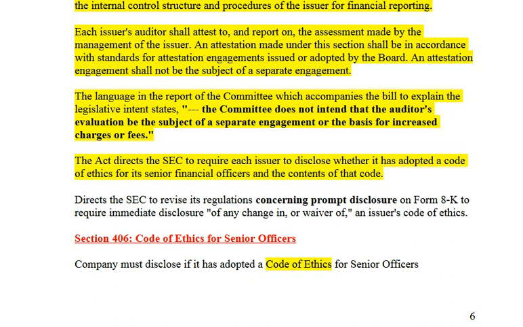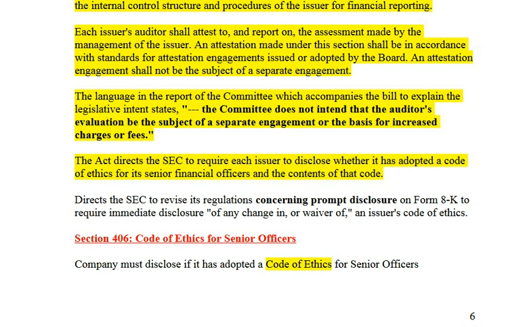An attestation made under this section shall be in accordance with standards for attestation engagements issued or adopted by the board. An attestation engagement shall not be the subject of a separate engagement.